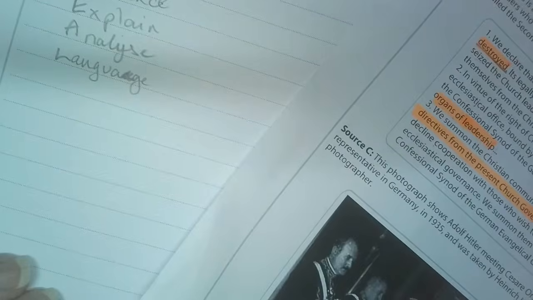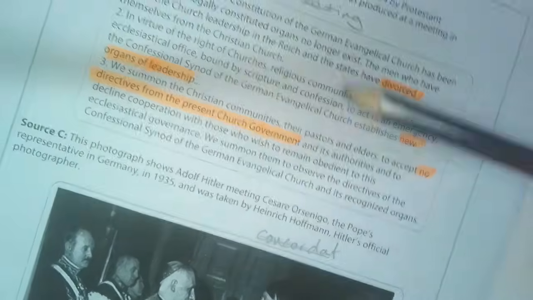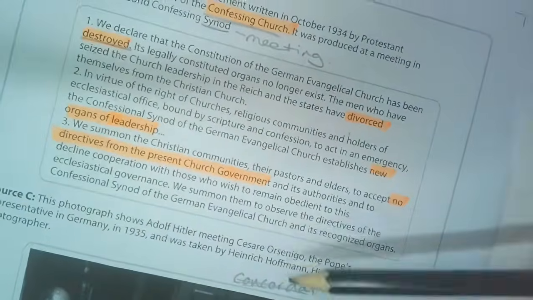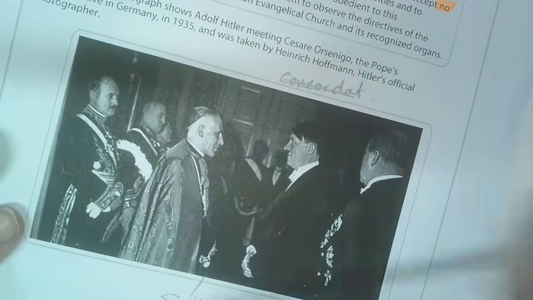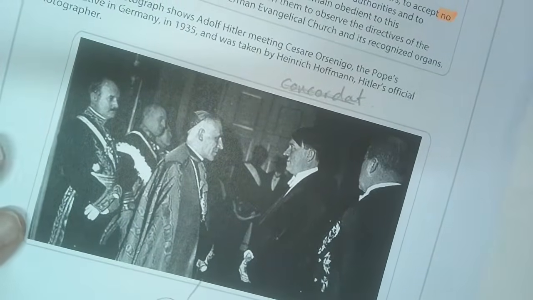So let's go in and remind ourselves. We've just spent three questions building up to this answer, because we've spent a bit of time thinking about the primary sources. The examiners have very carefully reminded us about the Confessing Church. They've reminded us of the Concordat. Thank you very much, examiners.